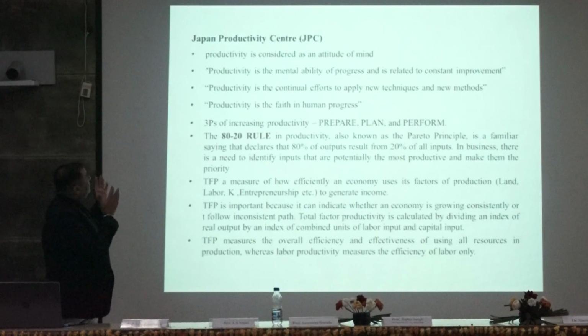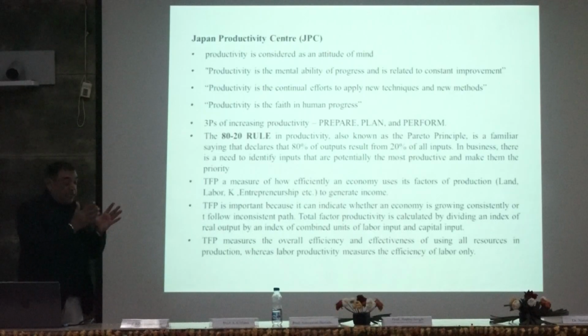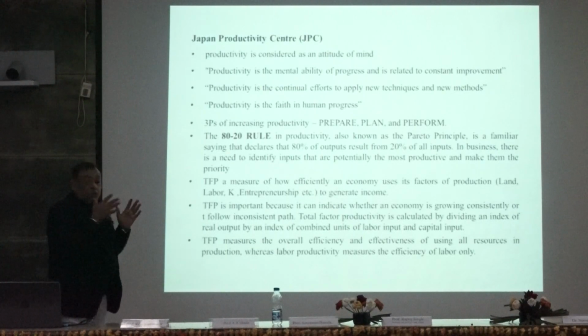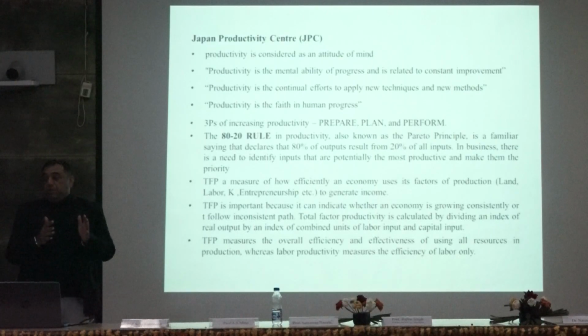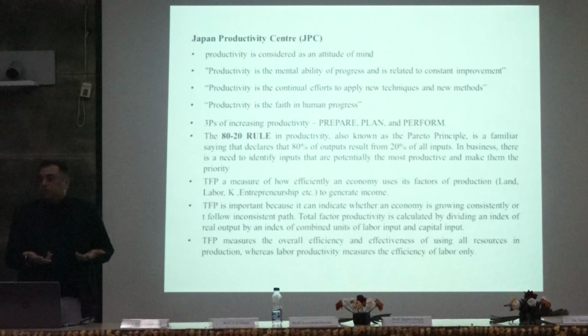And that is why this Japan Productivity Center is taking productivity as an attitude of mind actually. It's a continuous effort. It is not like you are just focusing on the machine and the technology. It is also our attitude, how we are taking it, whether we are taking it seriously or not.